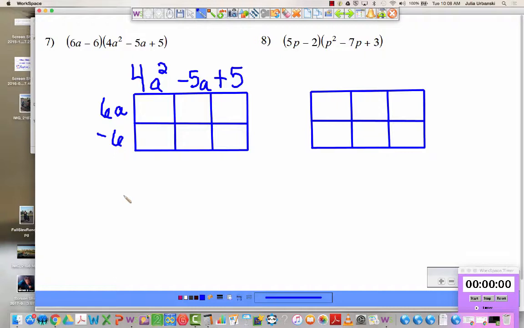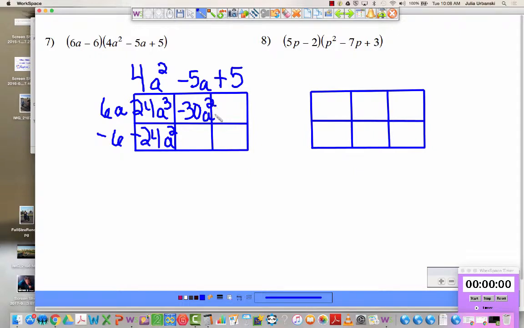Okay, so when variables match, we add their exponents. 4 times 6 is 24. A squared times a is a to the third. Good. Those two multiplied together. Let's go down this time. 4a squared times negative 6. Negative 24a what? Squared. Good. Now do your negative 5a times each of these. 6a times negative 5a. A squared, that's right.